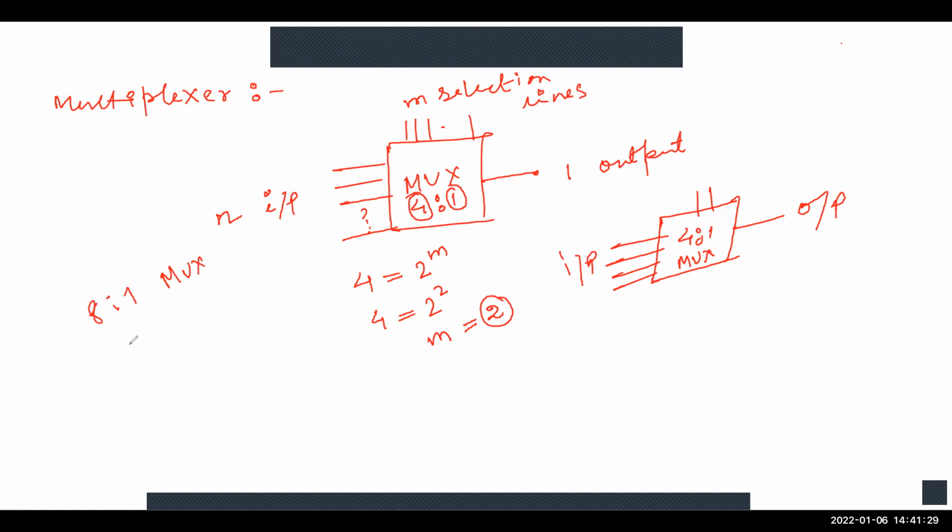Now first we will draw the 4:1 multiplexer.